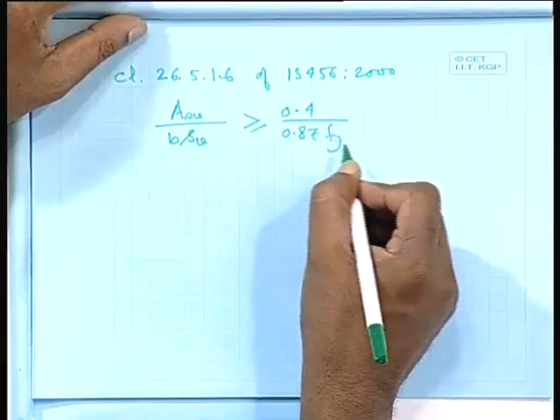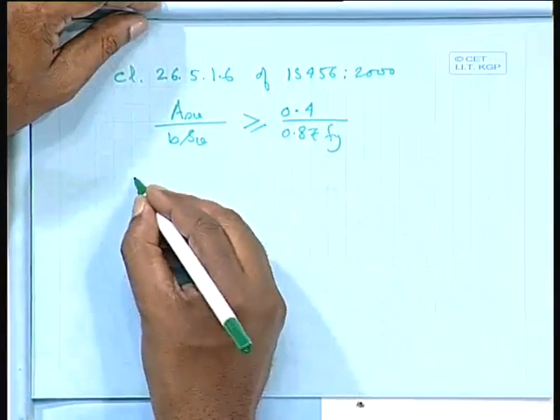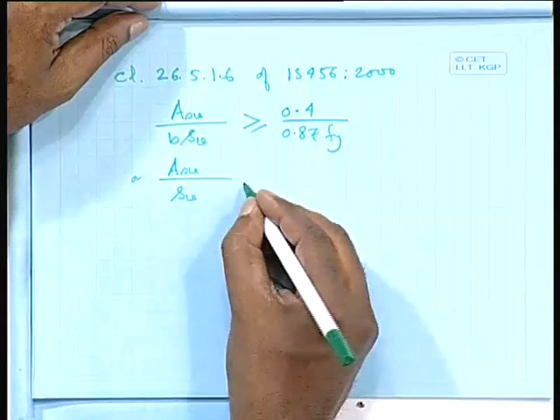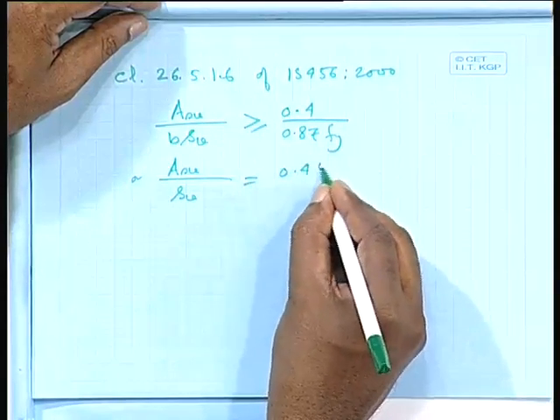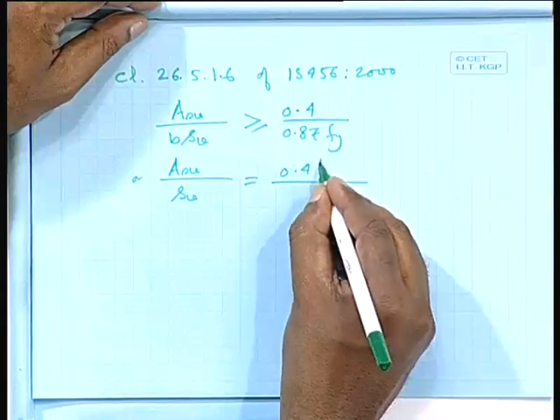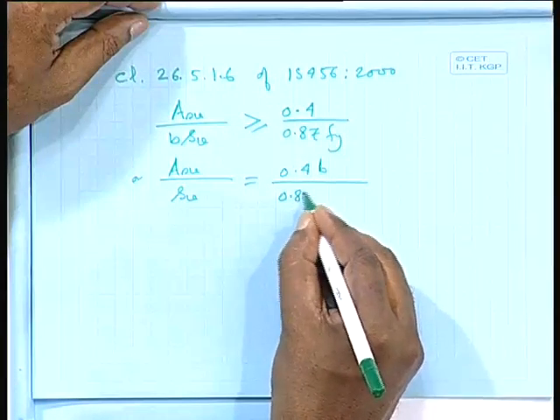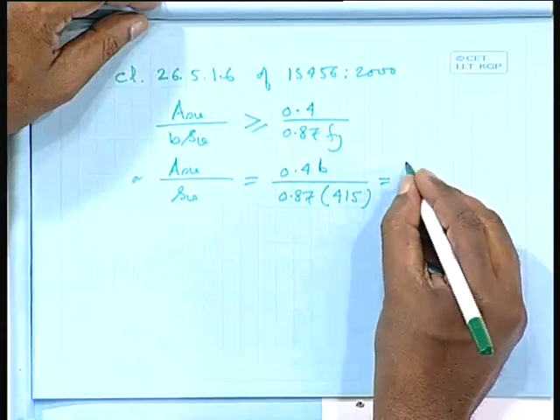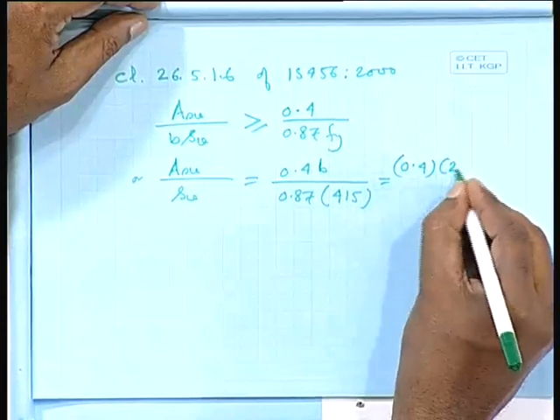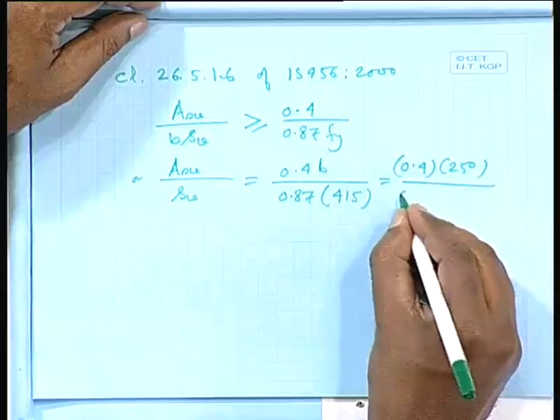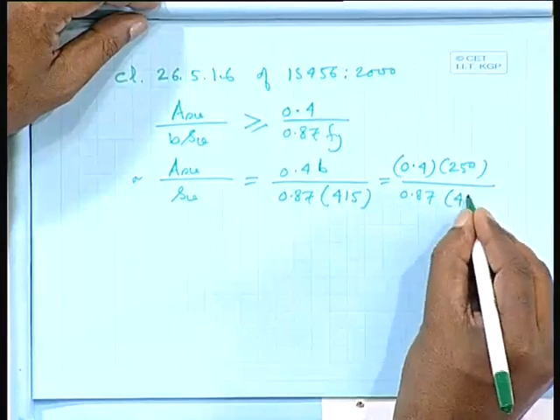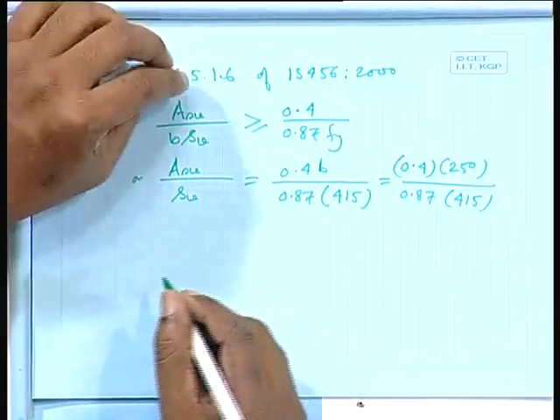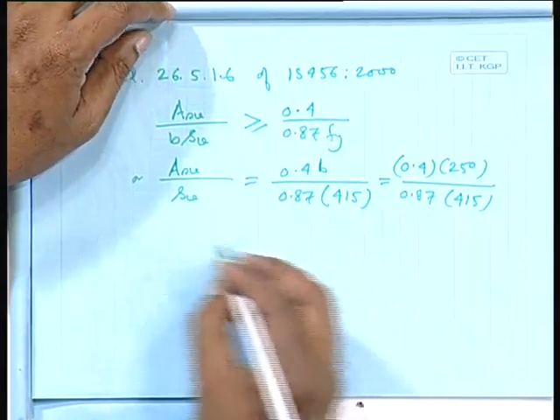We can get this value, or ASV by SV equal to 0.4 B divided by 0.87 times Fy, equals 250 times 0.4 divided by 0.87 times 415. So, we can get it.